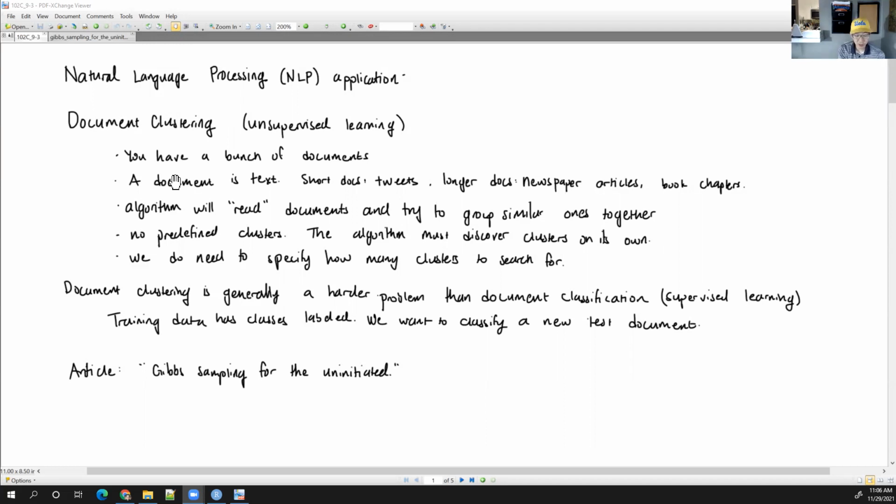This is document clustering, and it's unsupervised. So we are not going to define clusters on our own, okay? The algorithm will have to discover these clusters by itself. Now, this is in contrast to, say, document classification.